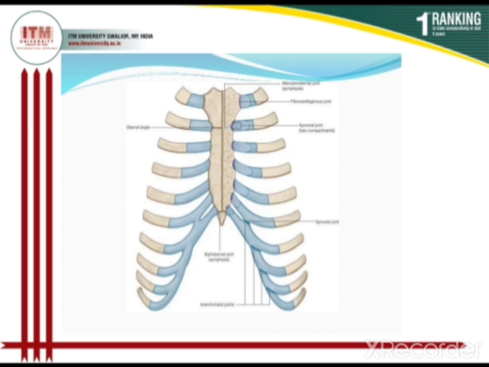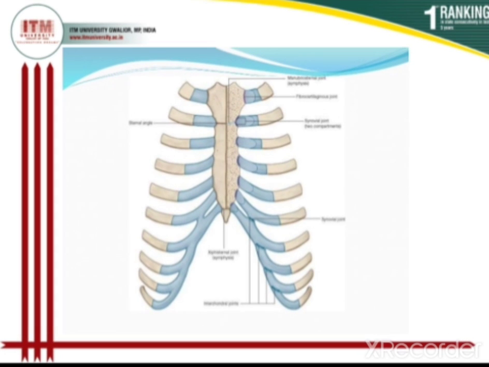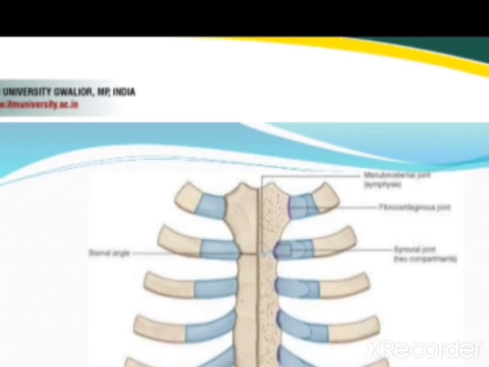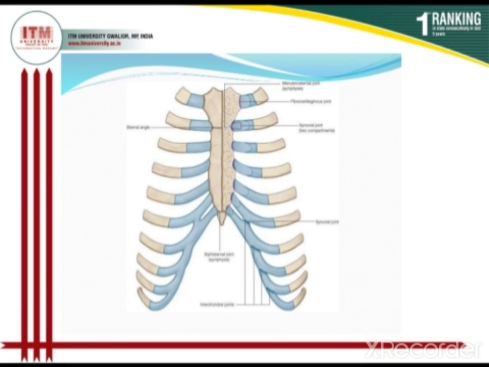You can zoom in and see how the costal cartilages, the blue colored ones, are attached to the ribs.